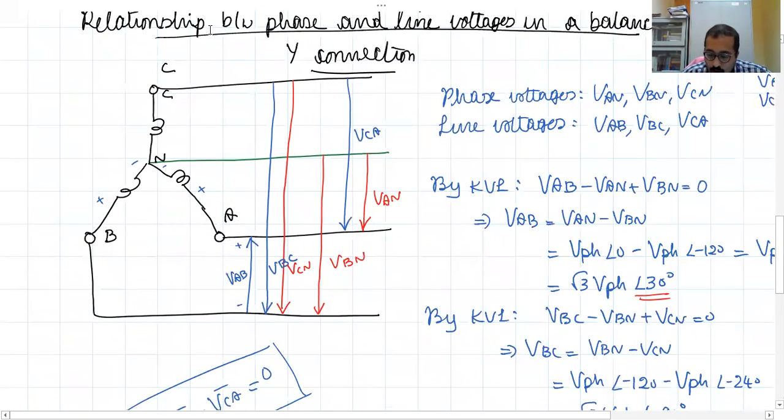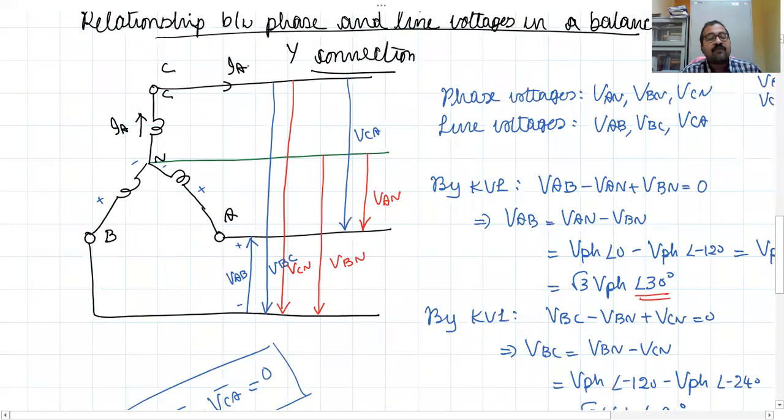Now, what about the currents? This EMF is being generated, and when you connect it to a load, current starts flowing. This is the phase current, let me mark it as current IA. Since this phase is joined in series with the line, this phase current IA will be flowing through the line as line current.